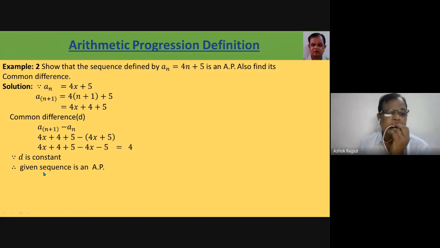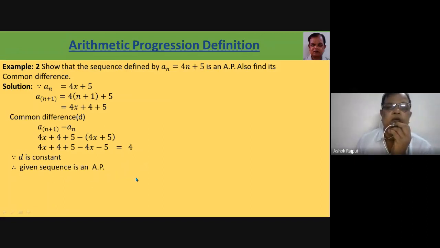Therefore the given sequence is in AP. Thus we can check whether a sequence is an AP or not: first find the next term and find the difference. Then if it is constant, the given sequence is an AP.